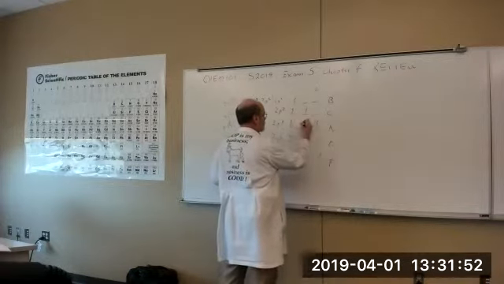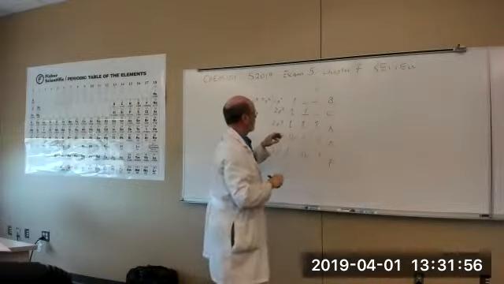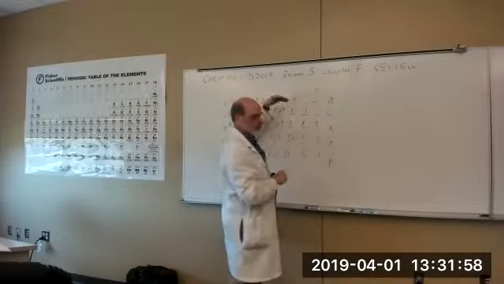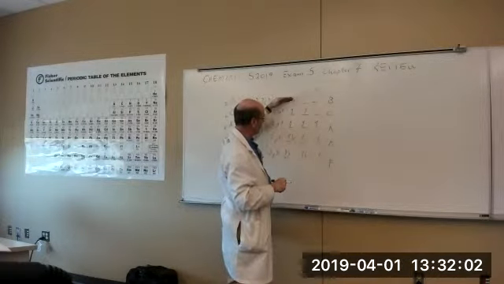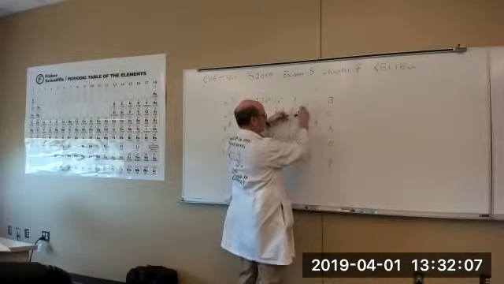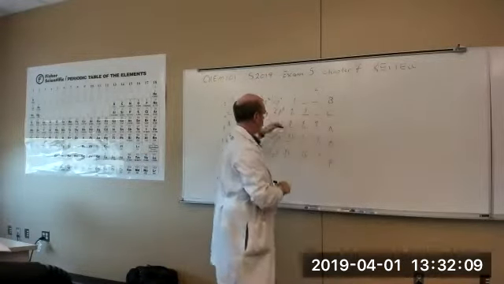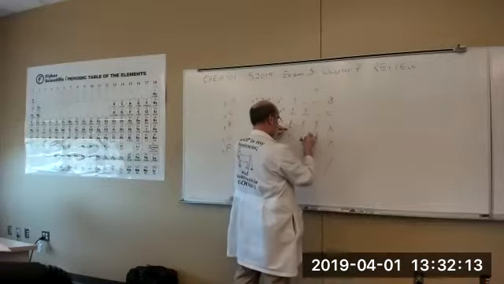Now, what are the discrepancies? Well, for this group, you're going to have an increasing ionization energy as you go down from here to here. We've added a proton, so this one's going to be harder to remove than that one. And here, we've added another proton, so that one will be harder to remove than this one.